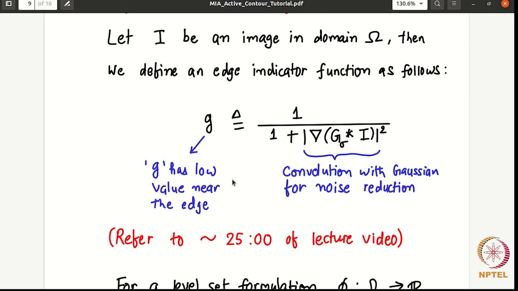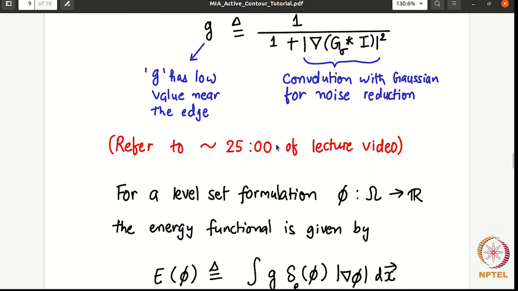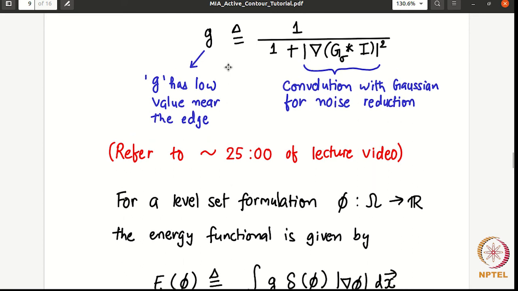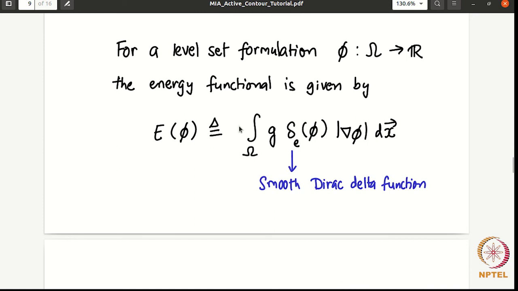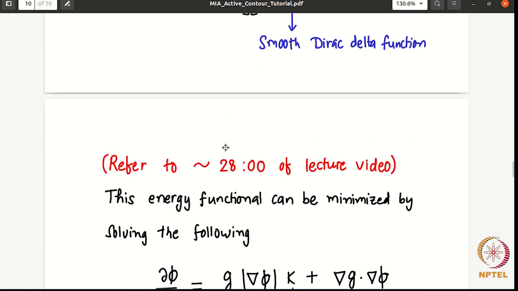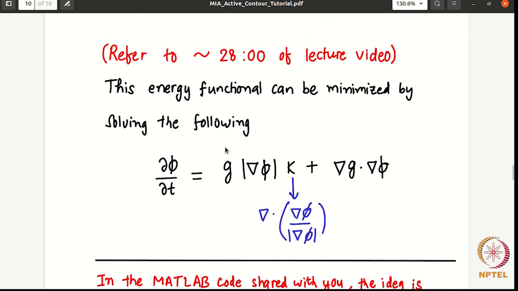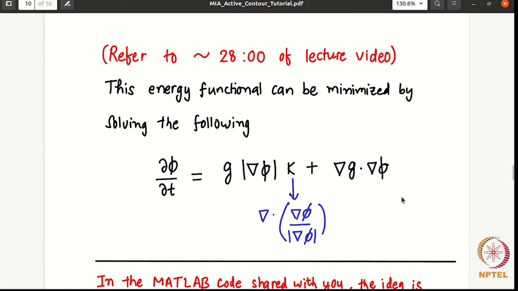So this is what we do. We have this kind of driver force, the edge attractor. This is our energy functional, and when we solve the Euler-Lagrange equation, we get this level set evolution equation.